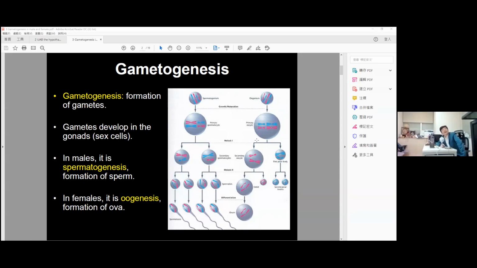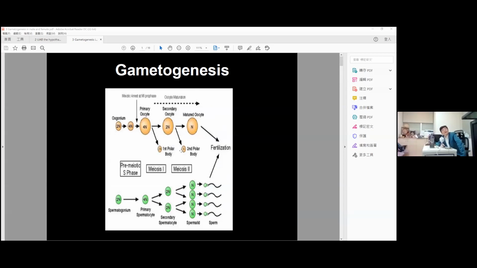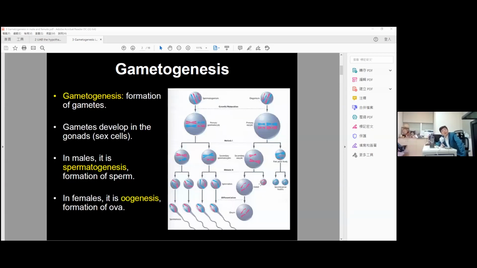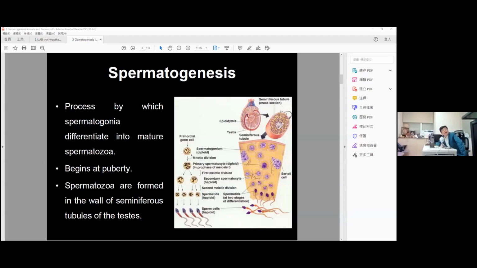You can see here 1N, 2N, meiosis 1, meiosis 2, quite similar, but you need to remember what is going on. And when we do ART, artificial reproductive technology, under the microscope we can see the polar body. Also, we can see the status of the oocyte. I will show you later.